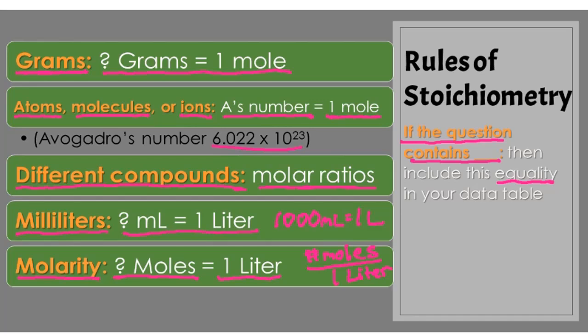Okay, so if this doesn't make sense to you right now, don't panic. We're going to go through it and you'll see what I mean by these rules. And then for reference, you can go back to the start of this video and see this little summary and you'll have a better understanding of it.